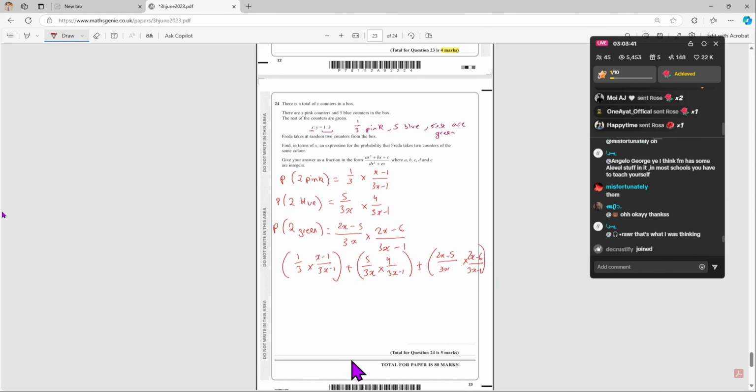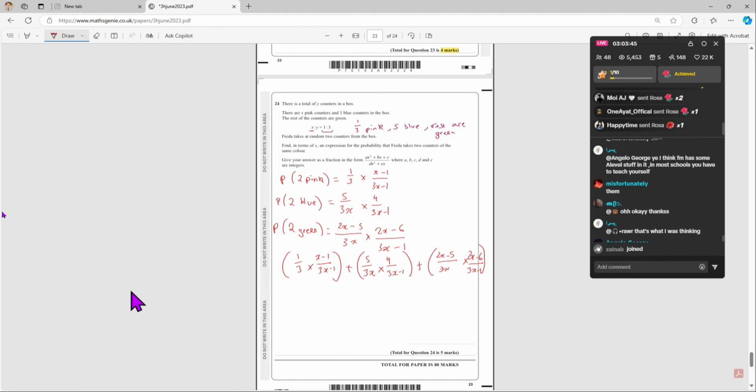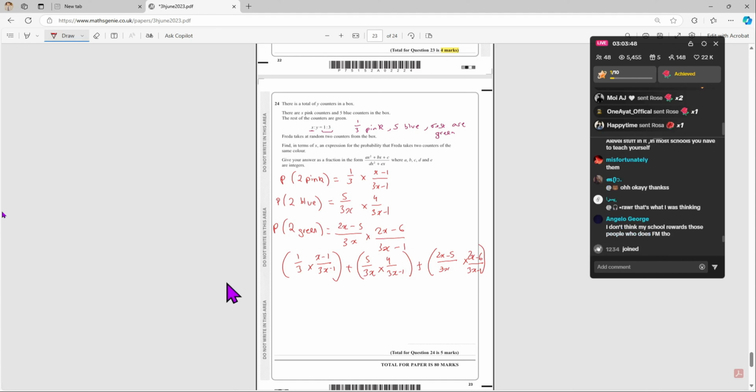So you basically add all the probabilities together. Once you've done that, you're now going to simplify this.